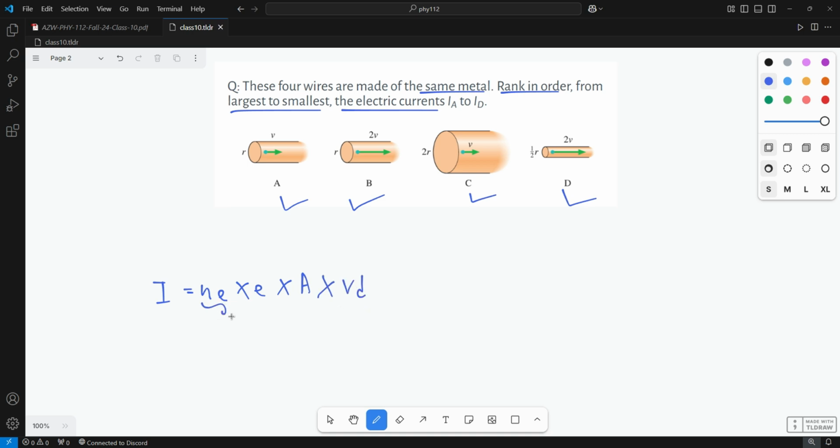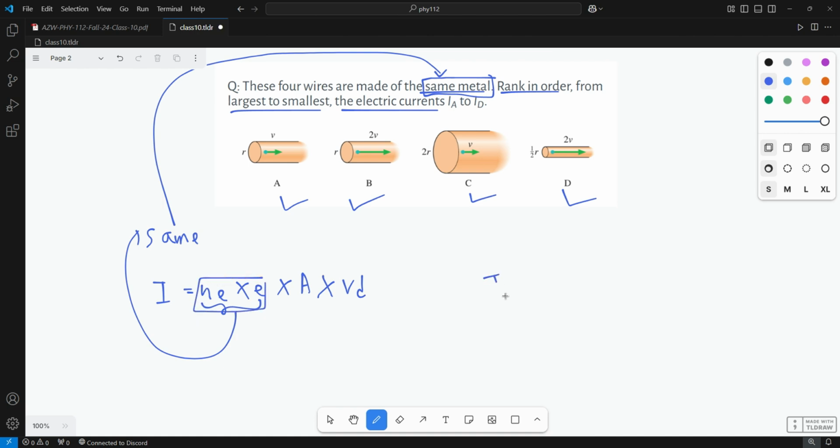So this part will be same for all four cases, as it mentions that these are the same metal. Same metal means that the number of free electrons for every case will be same. So we can just take it out of the equation.